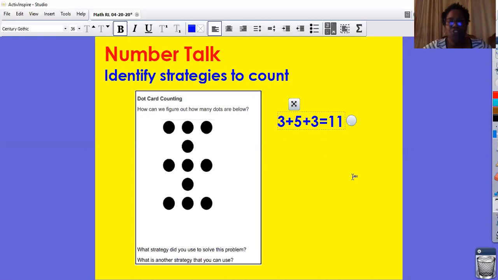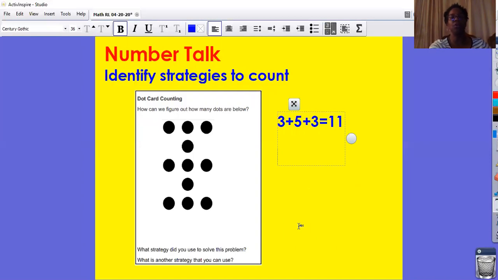What is another strategy that you can use to count? Great, great, great. So you are thinking you can do it horizontally now.